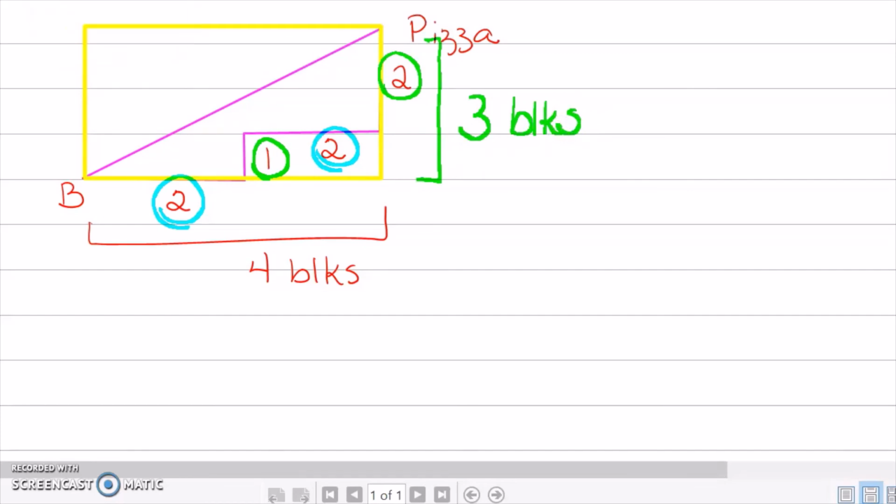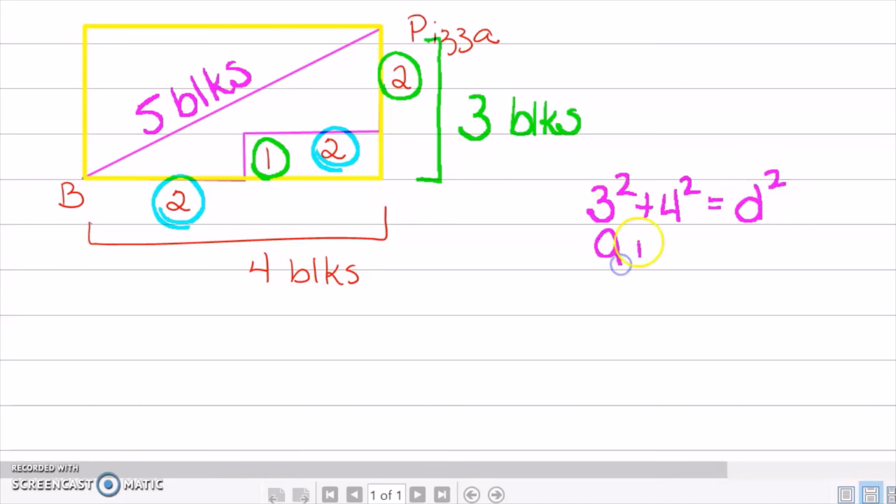And then this comes that special again. So the total, as the bird would have flown, would have been 5 blocks. Or you can always set that up. 3 squared plus 4 squared equals your distance squared.